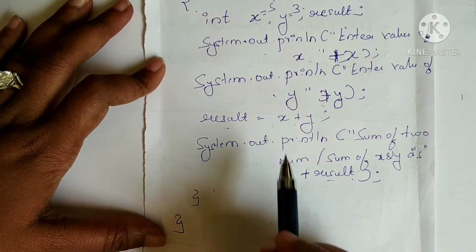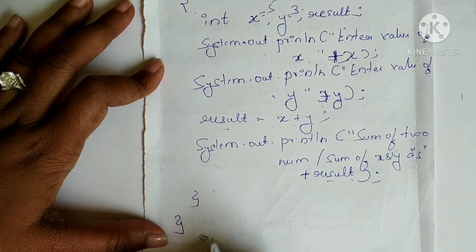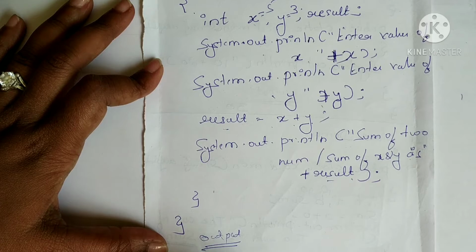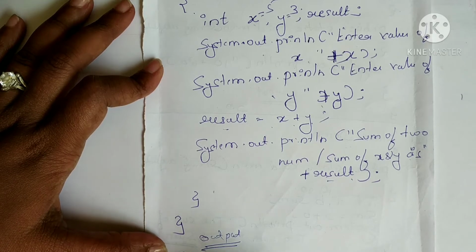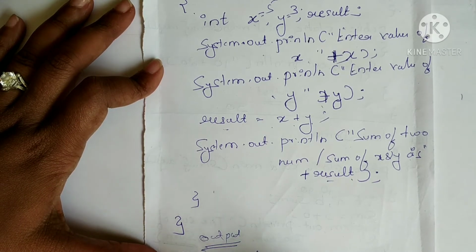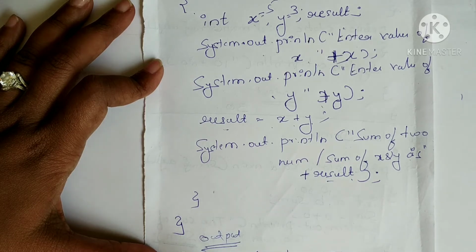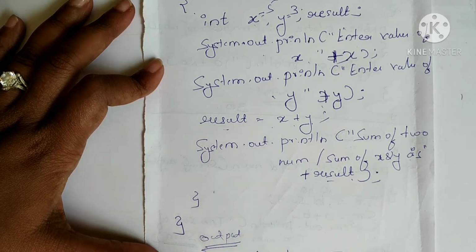For this the output is: first in the console, it comes enter the value of x, that is 5. Next, enter the value of y, that is 3.